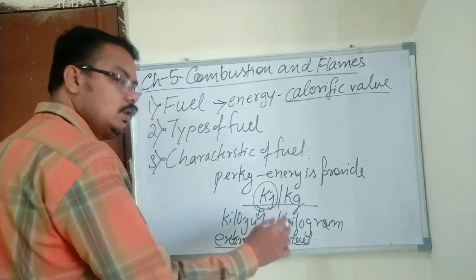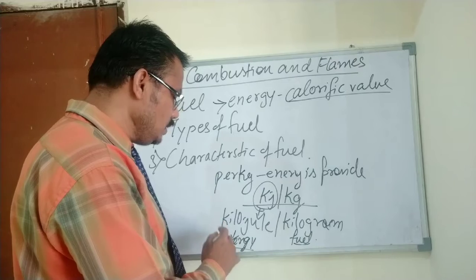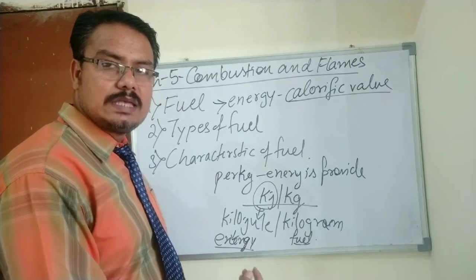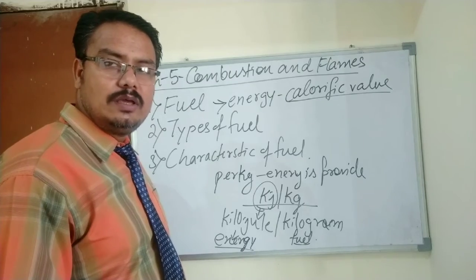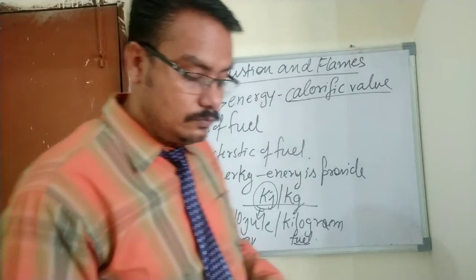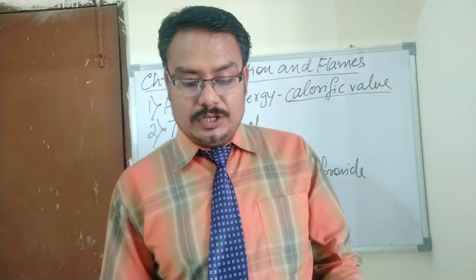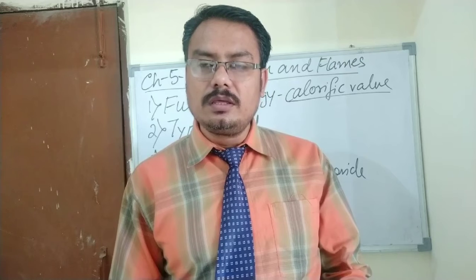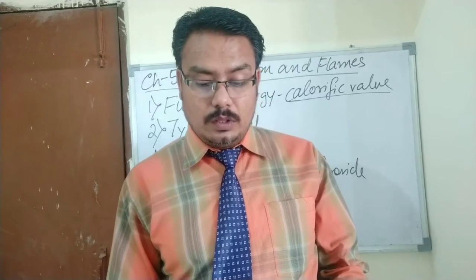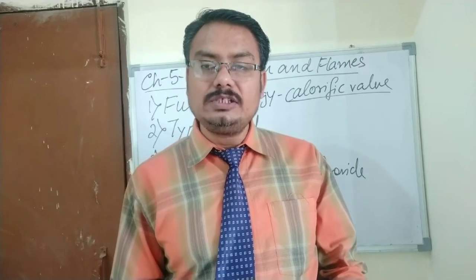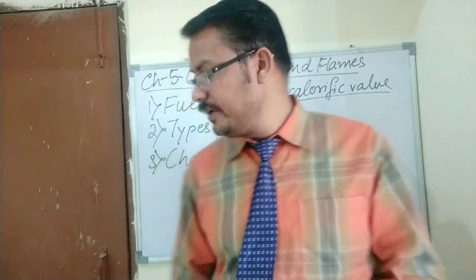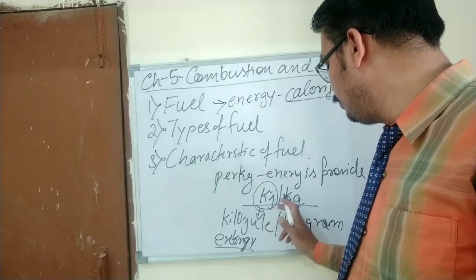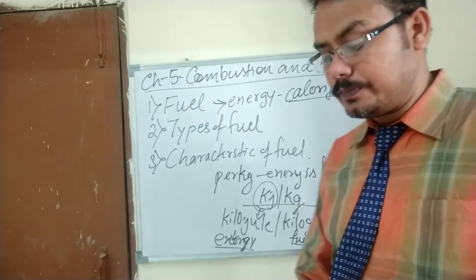While burning 1 kilogram of fuel, how much kilojoule energy is released? So different fuels have different energy-releasing capacity. The amount of heat produced by complete burning of 1 kg of fuel is called the calorific value. It is expressed in kJ per kg, that is, kilojoule per kg.